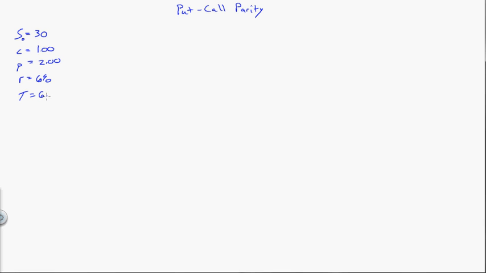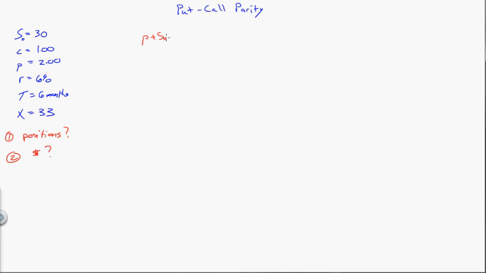The time to maturity is 6 months. And the strike price is 33. So, tell me what positions to take to make money, and to tell me exactly how much money I make. Alright, pause it and work it out, and then come see the answer.